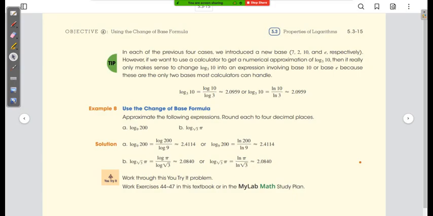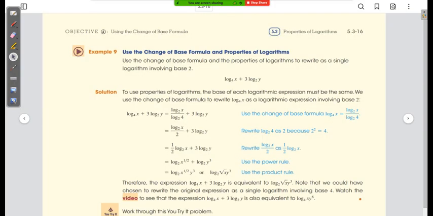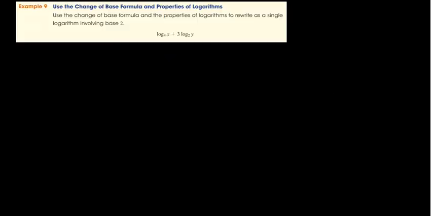Okay, and then of course, as I mentioned, the last reason why we would need to change base is because of a problem like this. Okay, so this reads: use the change of base formula and the properties of logarithms to rewrite as a single logarithm involving base 2. This is basically what we started the entire lecture out on, which was condensing and expanding, right?